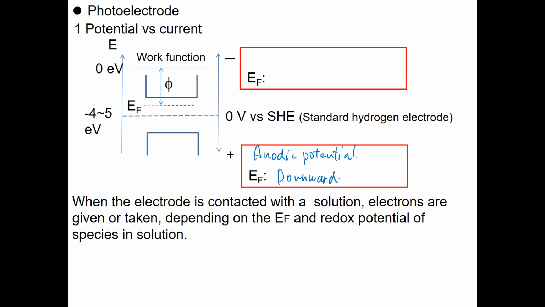And I would like to emphasize that this one is taken as positive. So it's opposite, right? If you apply the positive potential, meaning anodic potential, the Fermi level is pushed down.